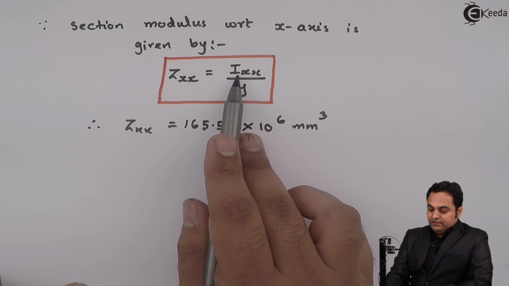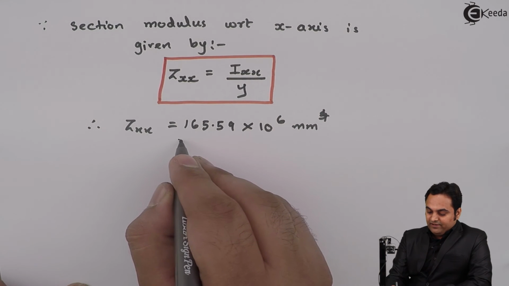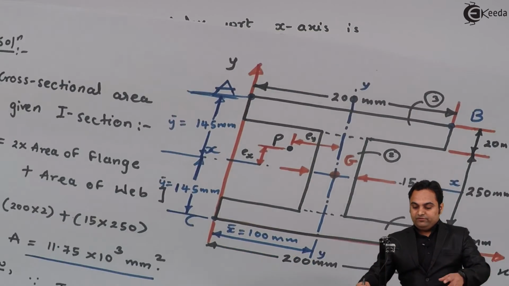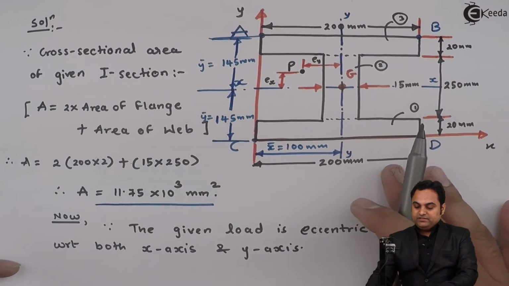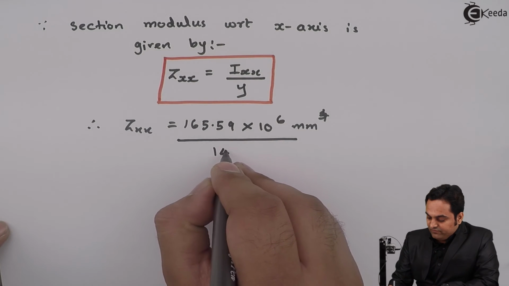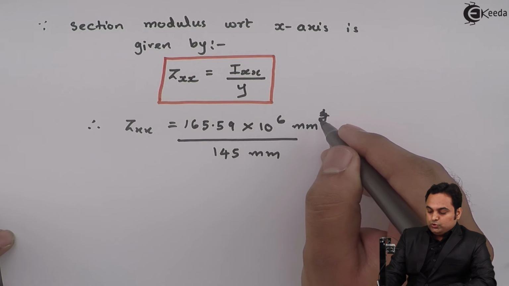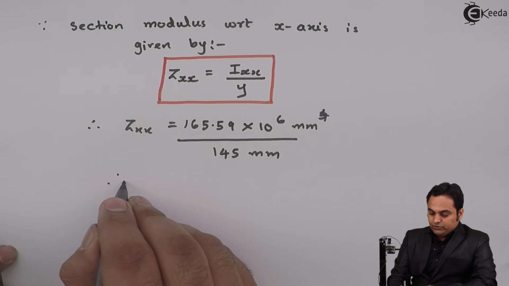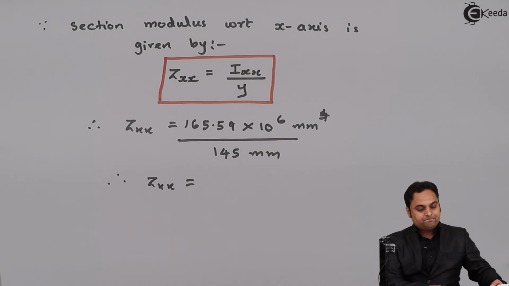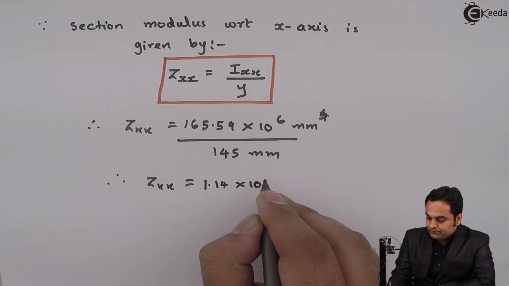So here I have written Ixx value. First of all, this will be mm raised to 4 moment of inertia. Now I'll put the y value. Y value is nothing but the location of this x-axis, and this x-axis is located at 145 mm. So y is 145 mm. So here mm and mm will get cancelled. So mm raised to 4 will become mm cube, that is the unit of section modulus. So Zxx value comes out to be 1.14 into 10 raised to 6 mm cube.